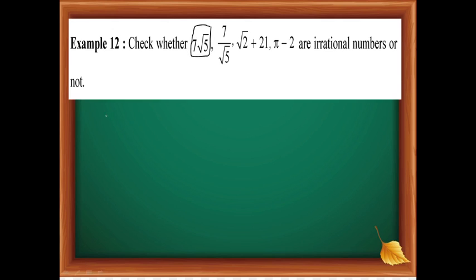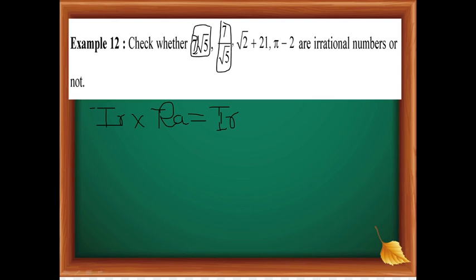I will tell you something. The product of a rational and irrational number is always an irrational number. Here 7 is a rational number, root 5 is an irrational number, so this is an irrational number.